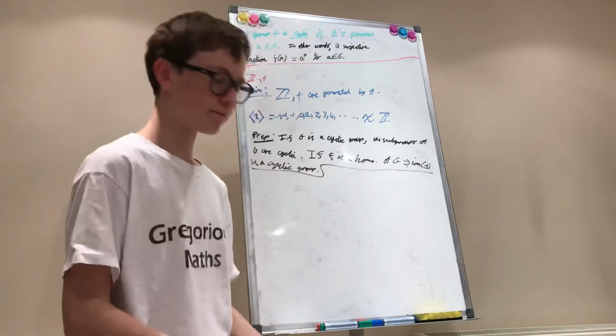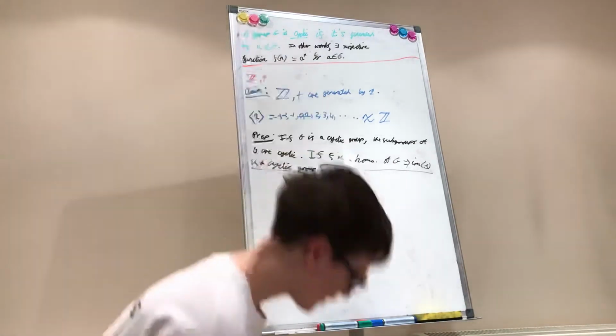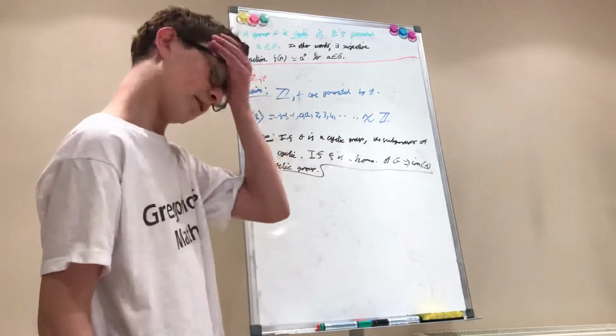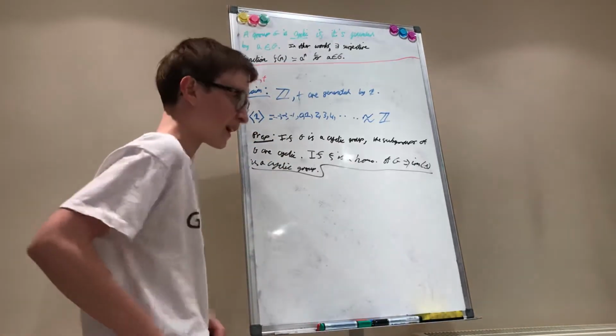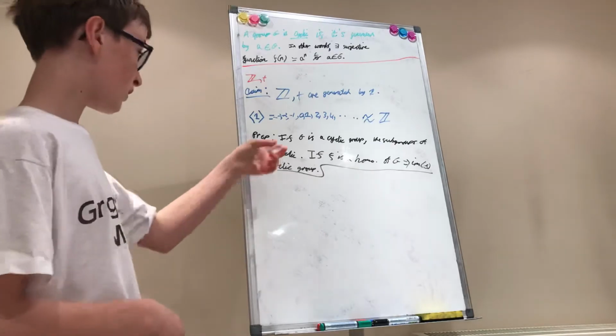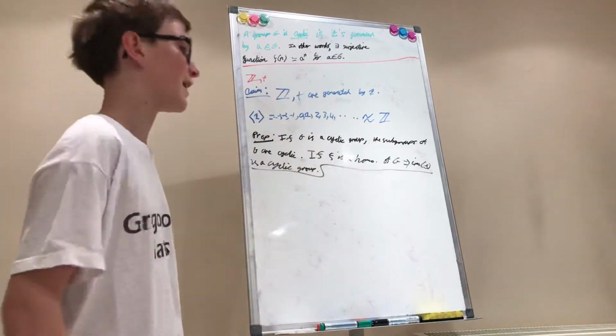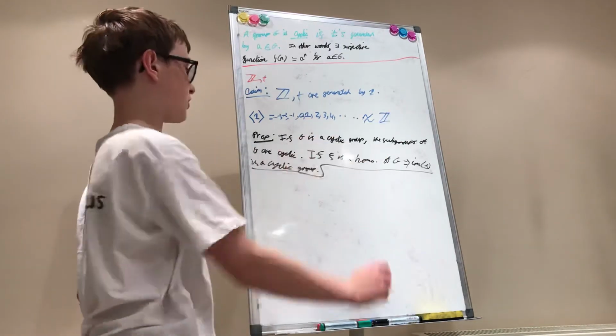Let's look. First of all, if G is a cyclic group, the subgroups of G are cyclic.